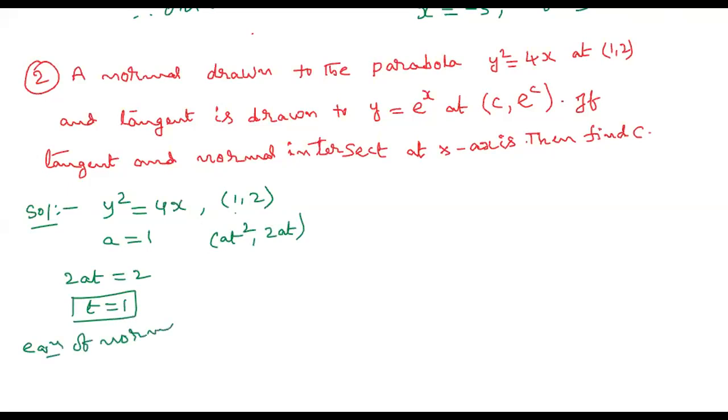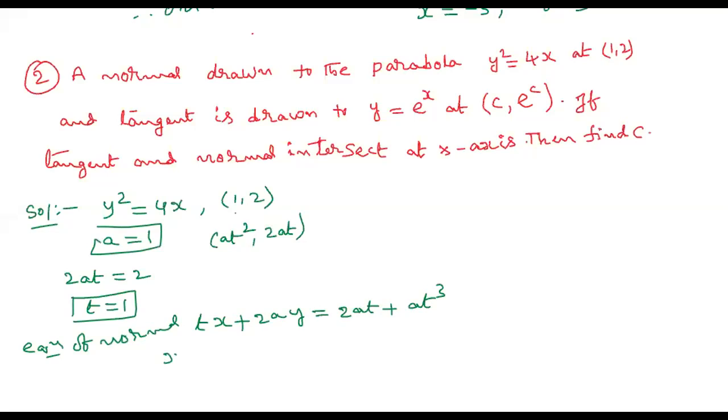Equation of normal. What is the formula? That is tx plus y is equal to 2at plus at cube. This is the equation of normal. Substitute the values. A is equal to 1 and t is equal to 1.